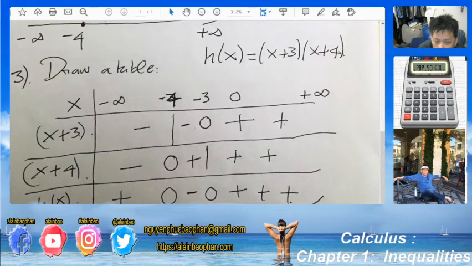So we have two sets of solution, right? The first set is from minus infinity to minus 4, and the second set from minus 3 to infinity.